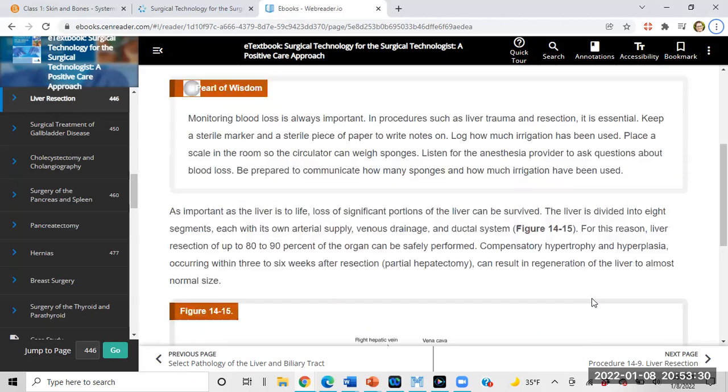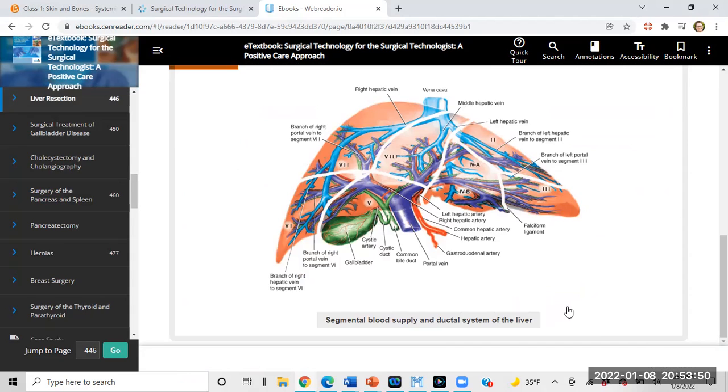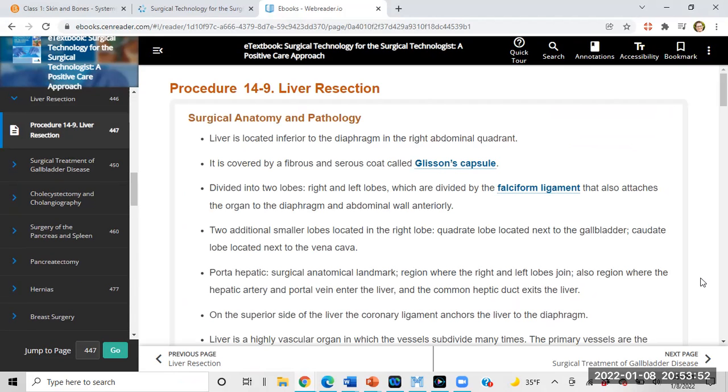Here is the entire visual of the liver, gallbladder, the biliary tract. All of this is biliary tract, with the exception of the arteries and veins. And then the next page, of course, is going to be the procedure.